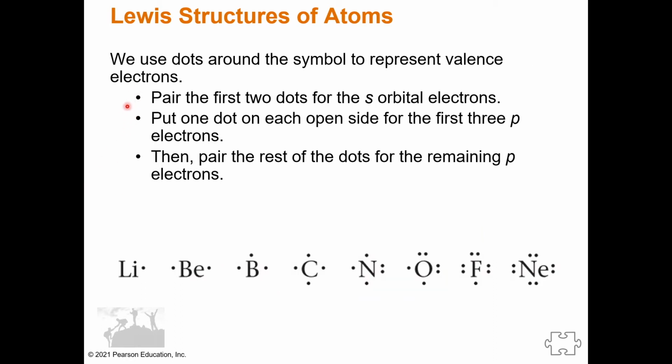You could follow these rules if you want to, or you could follow this arrangement here. As long as you have the correct number of valence electrons, then I feel like it's fine. Drawing out the pairs of electrons, I honestly feel is more important when we start drawing out actual Lewis structures of different molecules.